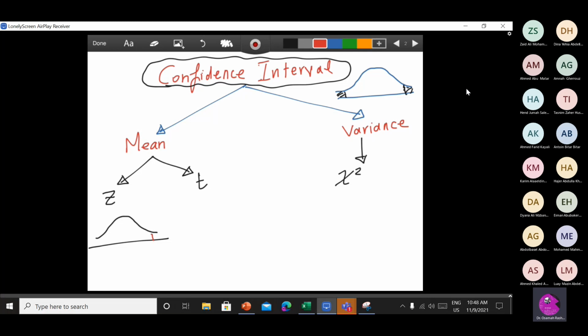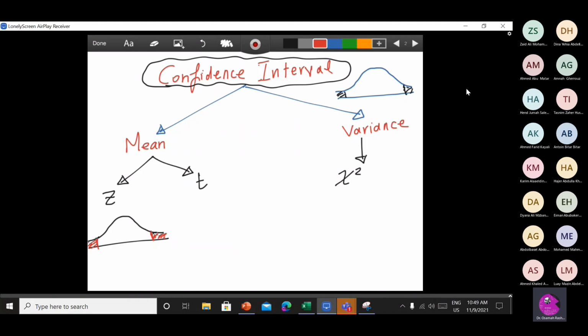I have a right tail, and this was the rejection area, if you remember, and I have another tail here. Yes, we have a critical value here, and here I have a critical value.